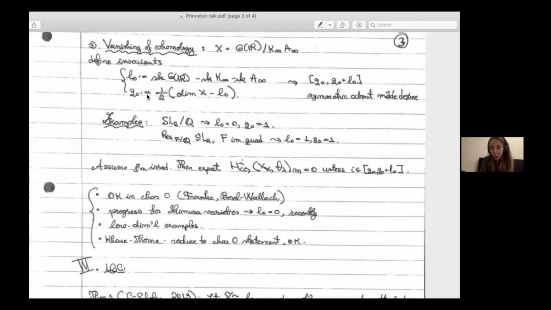And I think this is all I'm really going to say about this vanishing of cohomology in this generality. And for the remaining part of my talk, I want to just focus on local-global compatibility results. But before I do that, are there any questions about what I've said so far?